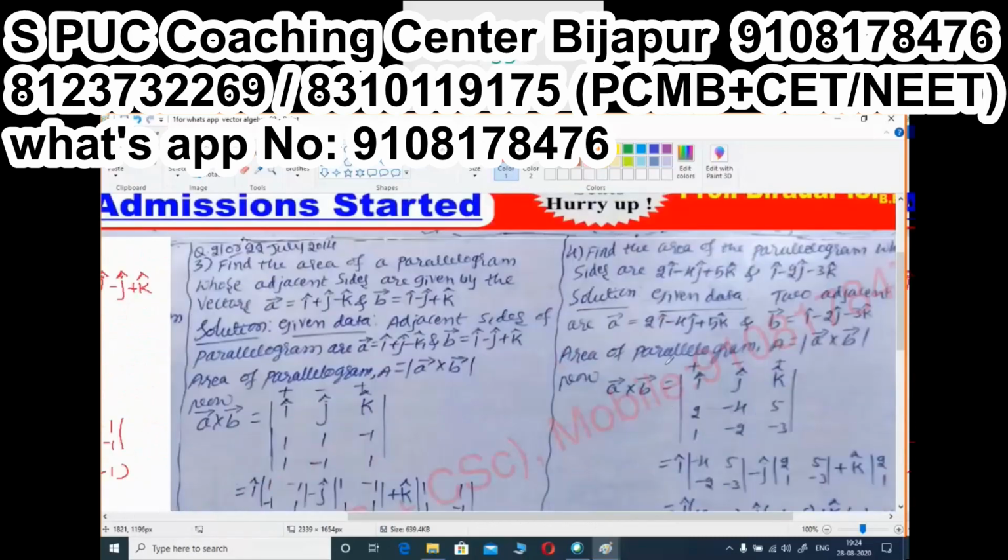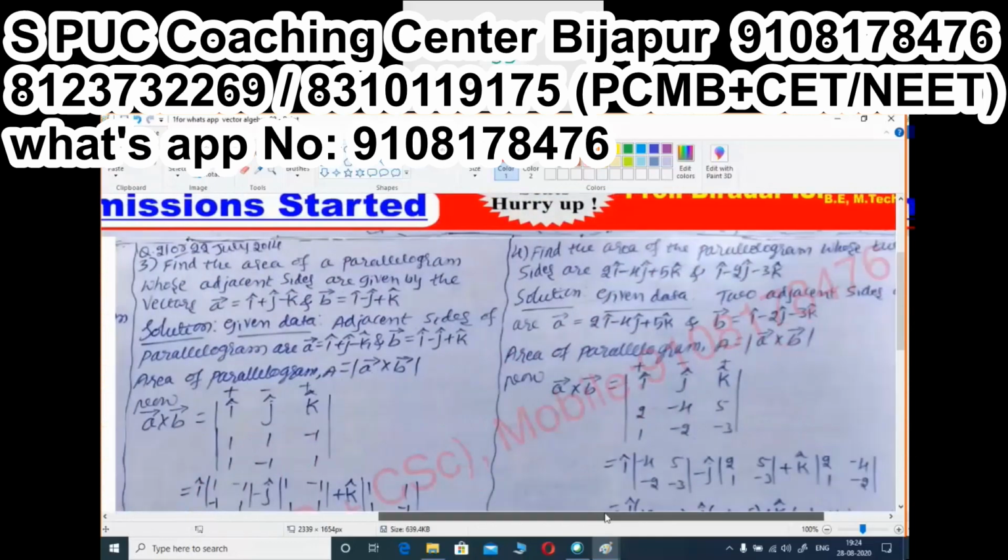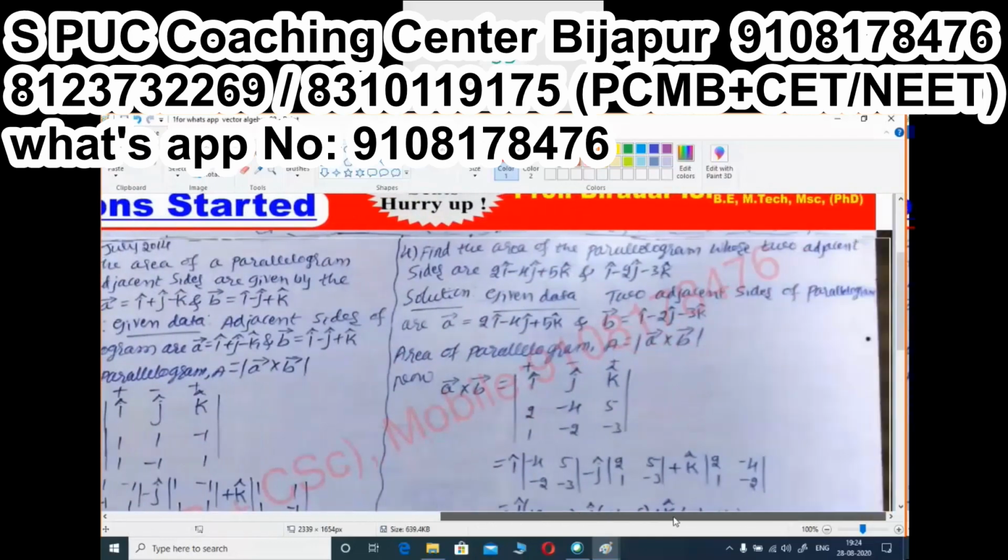Yes, one more, a fourth problem of a similar kind. Find the area of the parallelogram whose two adjacent sides are given. He has not given the names, so of course we are going to take the first vector as a vector and the second as b vector.